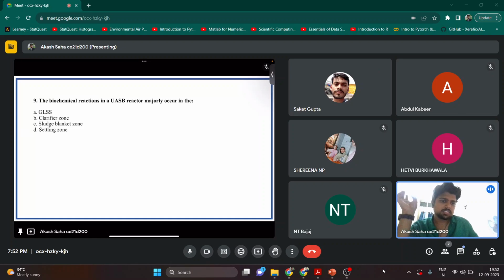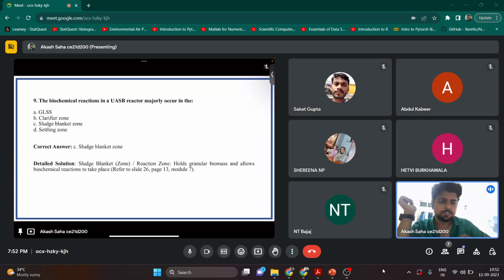So in GLSS, the gas, liquid, solid separation is done. In the clarifier zone, all the biomass will get clarified, it will get settled. In the settling zone, the actual settling of biomass is happening.